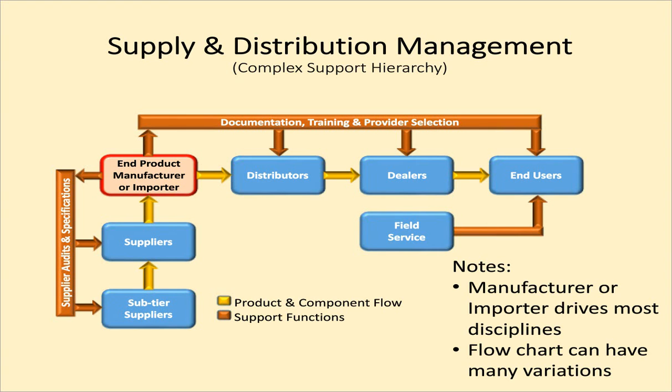It's also a good idea for the end product manufacturer to conduct on-site supplier audits to physically go out and ensure that the suppliers and sub-tiers are doing what they're supposed to in terms of inspections and other activities. Once the product is produced, it goes into the distribution chain and typically would be distributed to dealers, end users, and supported by a field service organization.